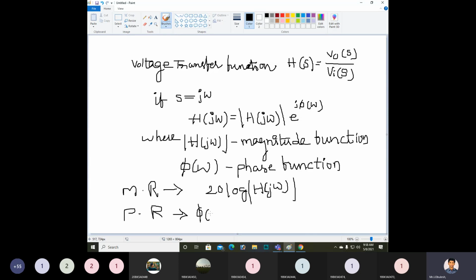The phase response is phi of omega into 57.296 degrees.